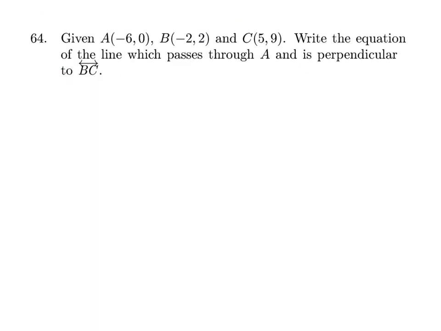Okay, given ABC, write the equation of a line that passes through A and is perpendicular to BC. Very similar to the previous problem. All right, I need to find the slope of line BC. So I use these two points. I'm going to figure out the slope of BC using a little subscript here.